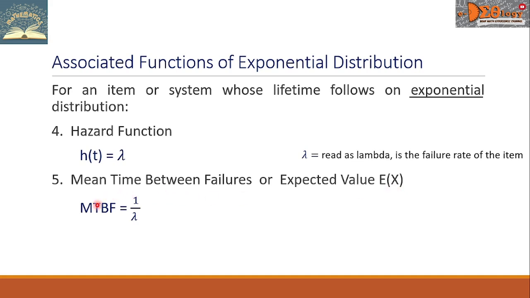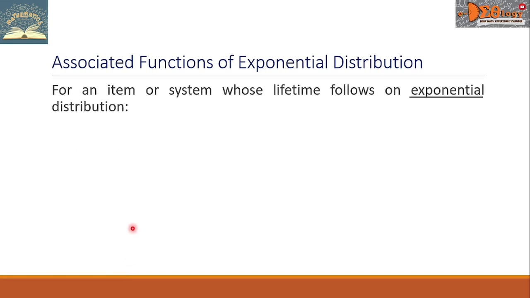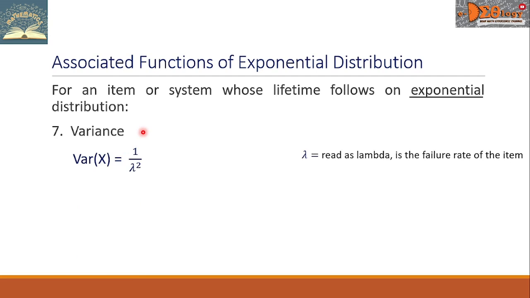For this, we use MTBF as notation, equals 1 over lambda. Number 6, cumulative hazard function. This is capital H of t equals lambda times t. Number 7 is the variance, denoted by var of x equals 1 over lambda square.